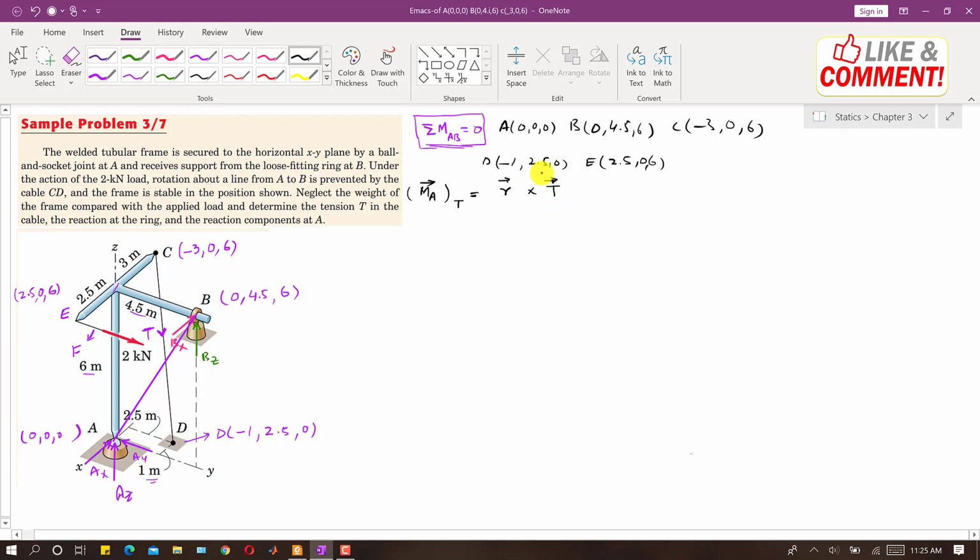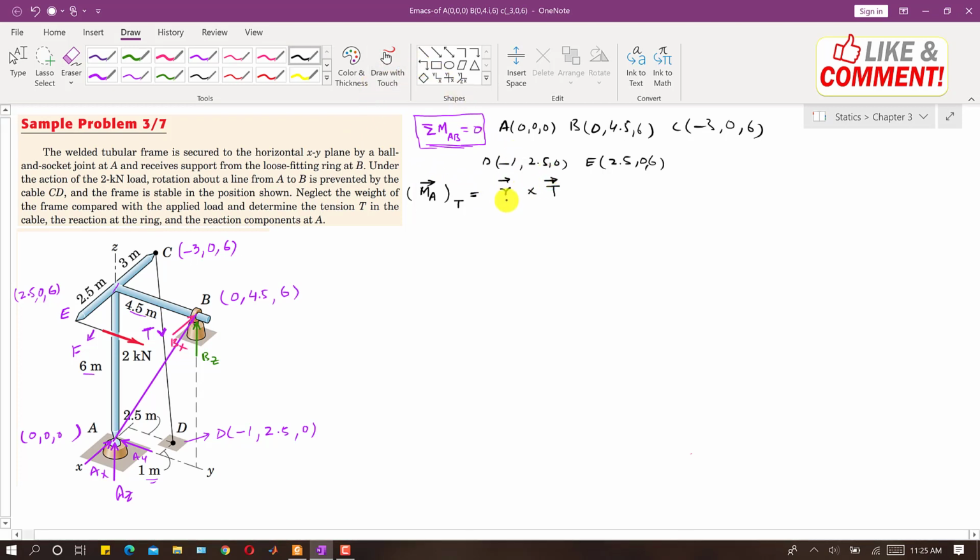First we have to identify the moment arm. We know from chapter number 2 that a moment arm could be any vector from the point of rotation to any point on the line of action of the force. So for this T we can define a moment arm.